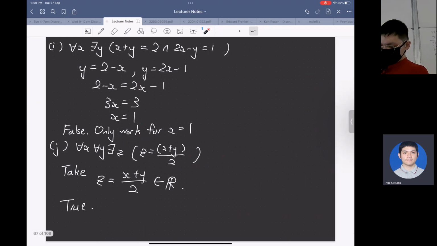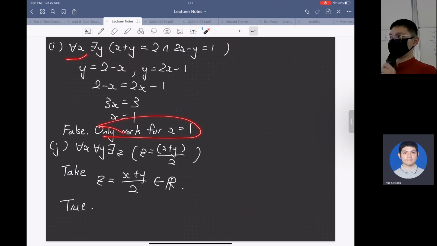Next, for every x, there is a y such that this and this are true. Similarly, this part is important. We can manipulate it first, and then we find that x equals 1, like what we did just now where we showed that x equals 0. So this means that only x equals 1 works.